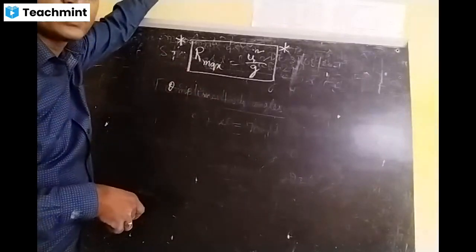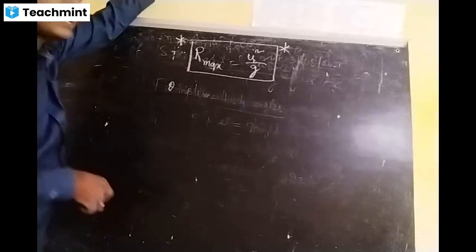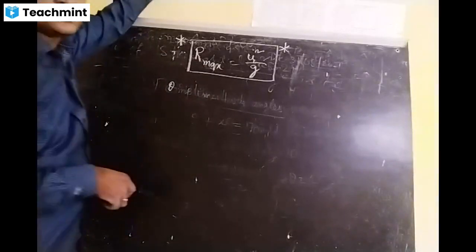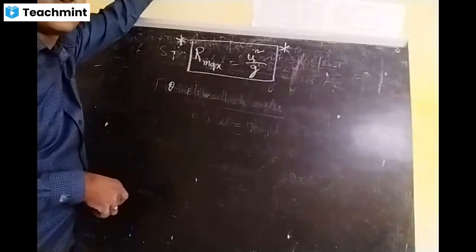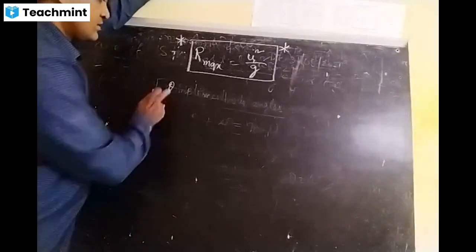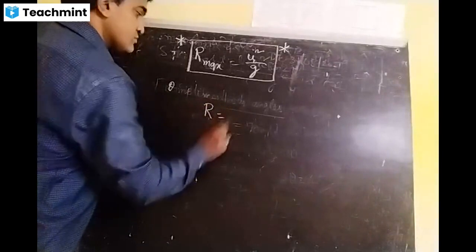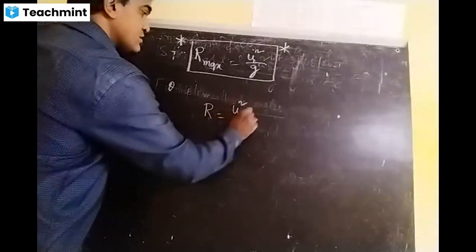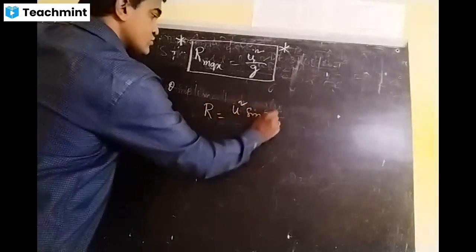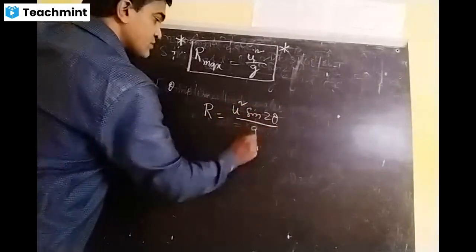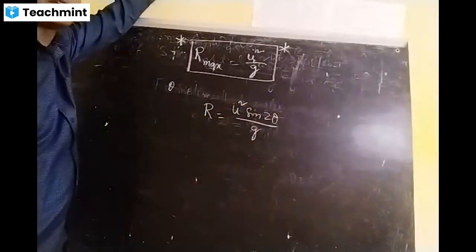R must be equal to u square sine 2 theta by G. This is the formula we use for range.